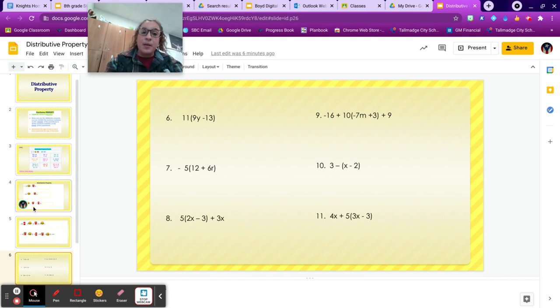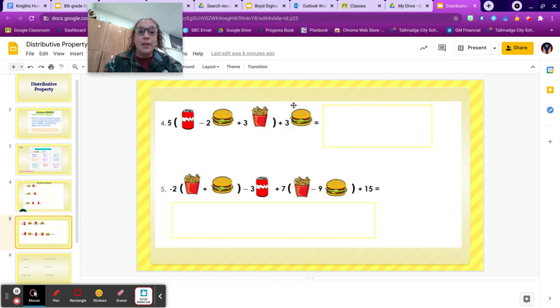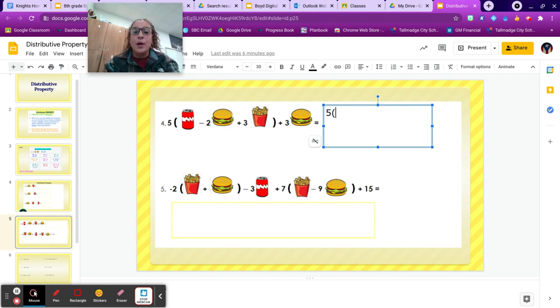After you distribute, if you can combine any like terms, you should combine your like terms at that point. So let's do one like that before I let you go. So here I have an example where I have a 5 on the outside, then I have a pop minus 2 burgers plus 3 fries, plus another 3 burgers at the end.